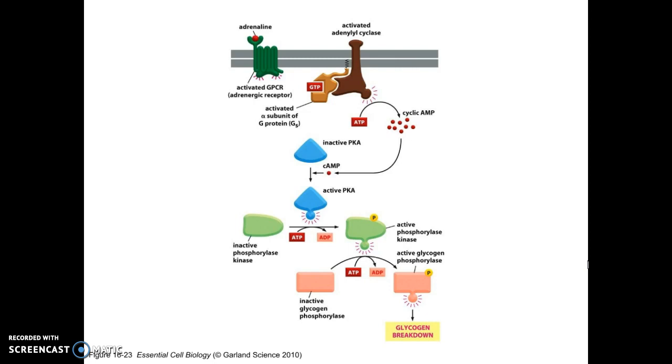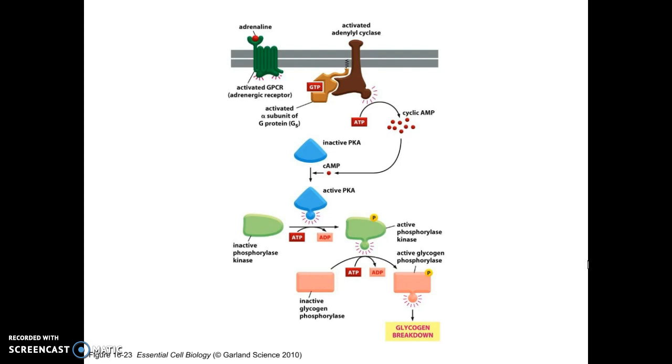So here, adrenaline is causing a cyclic AMP cascade, 2 amplification steps, the downstream effect of which is glycogen breakdown. And of course, glycogen breakdown is going to cause there to be more glucose in your bloodstream.